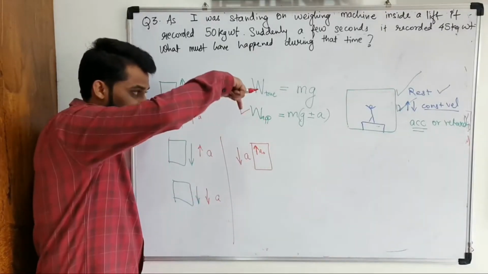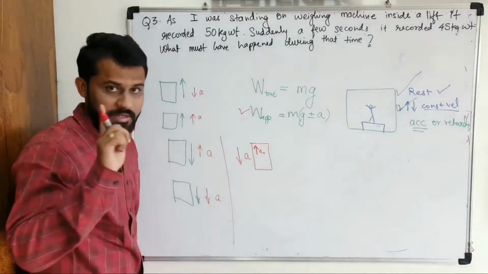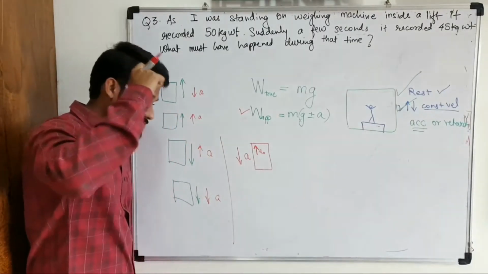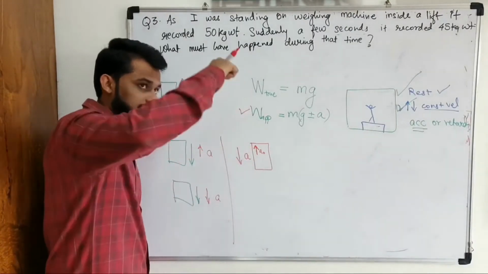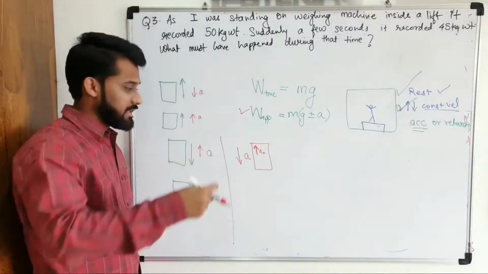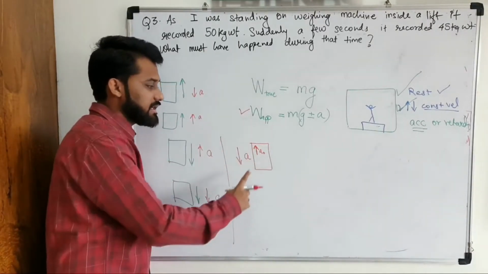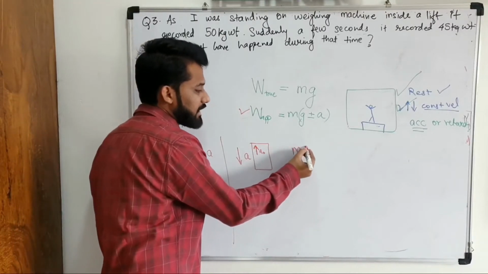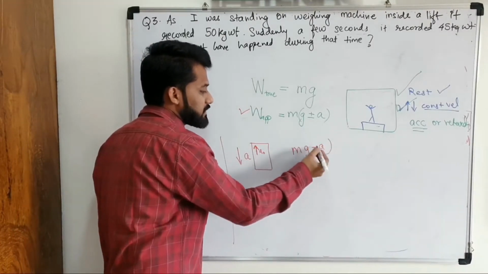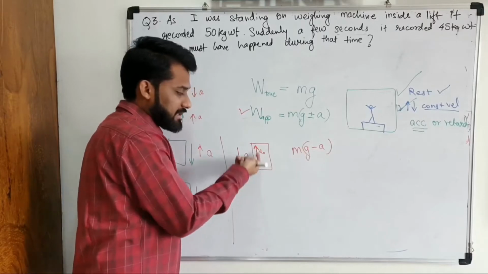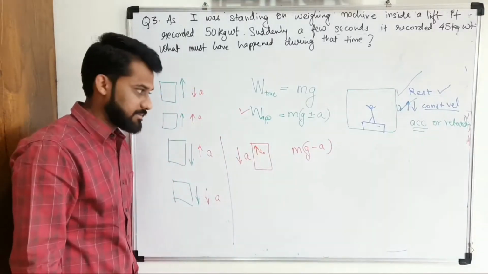So whenever the lift is accelerated down, I'm not saying that it is moving down. When the lift is accelerated down, it may move up. In that case of downward acceleration, we go with the formula mg minus a, because clearly the pseudo acceleration is opposing gravitational acceleration.